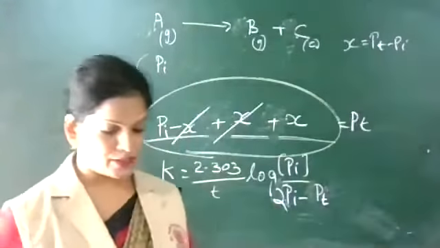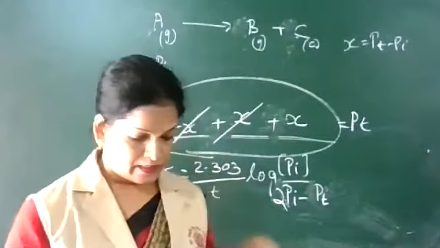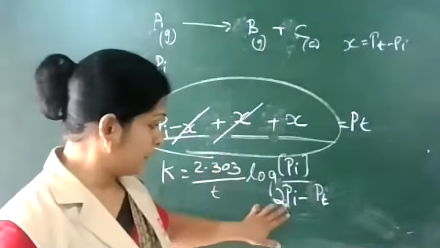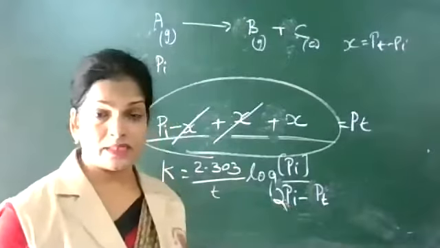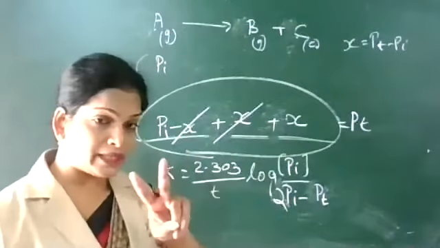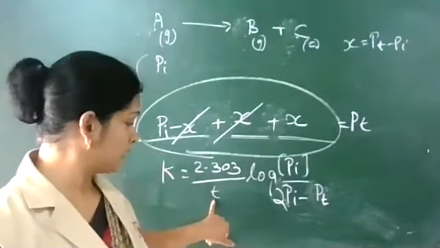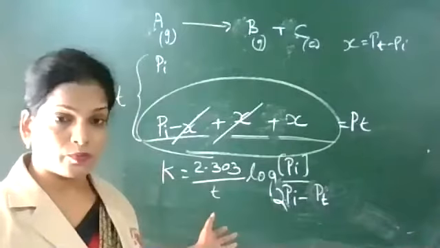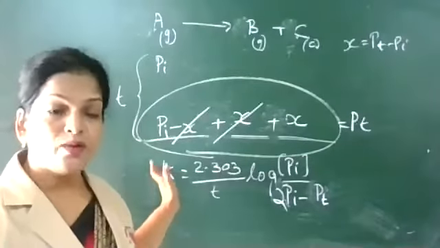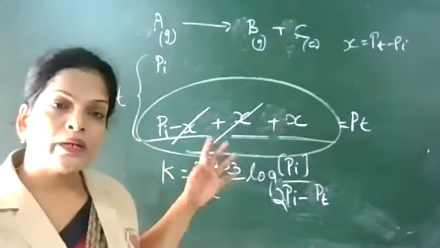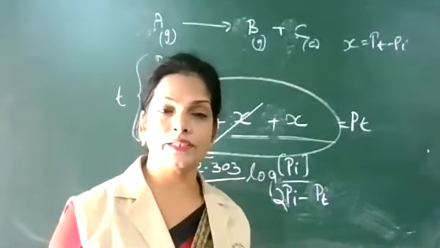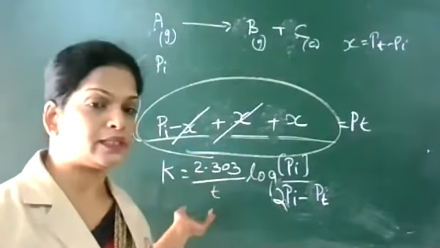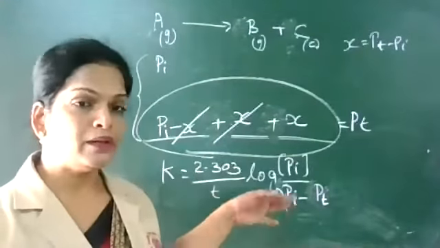So only two things we can measure, and one more, time. We can find out K. Once you get K, you can write the rate law, that is, rate is equal to calculated K into A to the power 1.